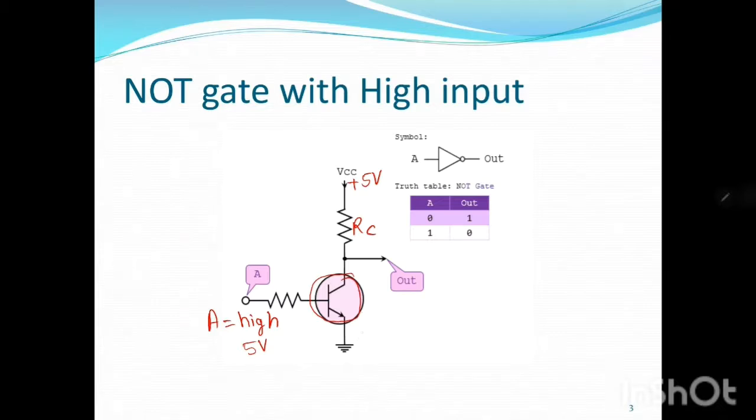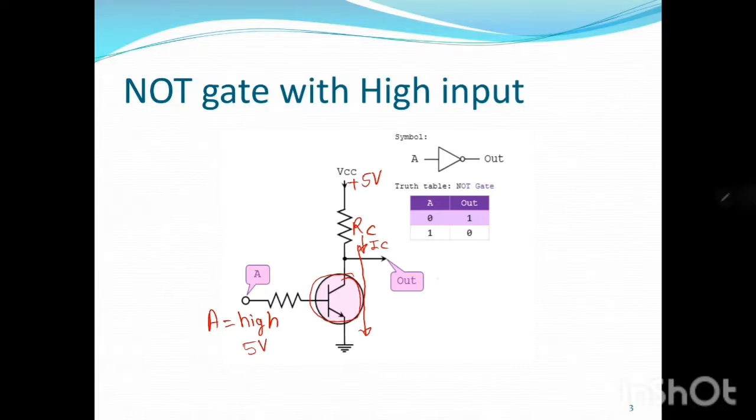When this transistor is on, the collector current IC flows through RC and through the transistor, and as this is on, whole voltage we are able to get at the ground potential.